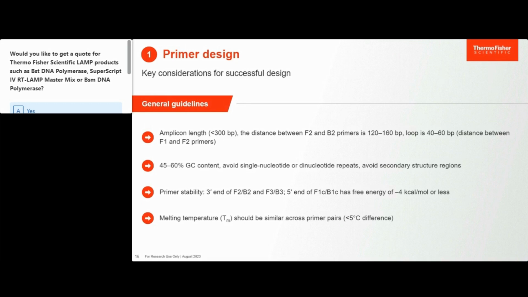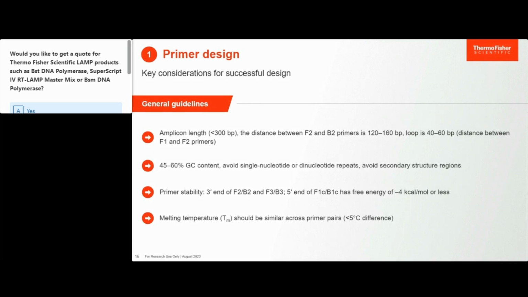Ideally, primers should have GC content between 40 to 65% with an optimal value of 50 to 60%. It is important, particularly for inner primers, that primers form no secondary structures. Additionally, it is important to avoid single nucleotide or dinucleotide repeats.